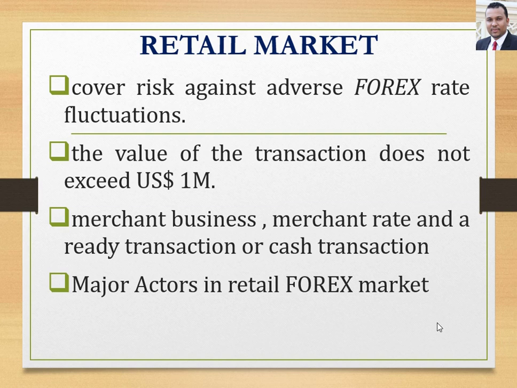So another example for the retail market, we talk about covering risk against adverse forex rate fluctuations. Mainly major transactions in the retail market are to cover the risk of forex rate fluctuation, ups and downs.